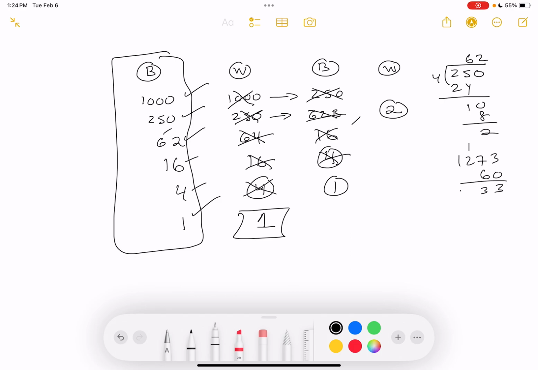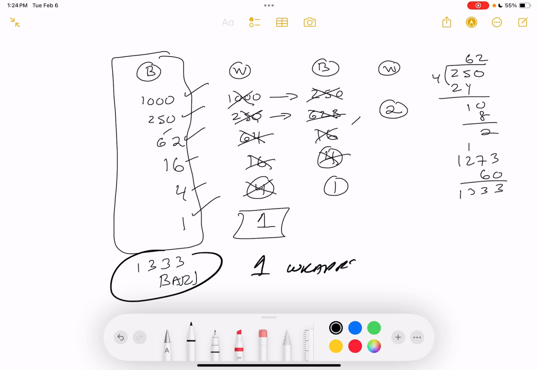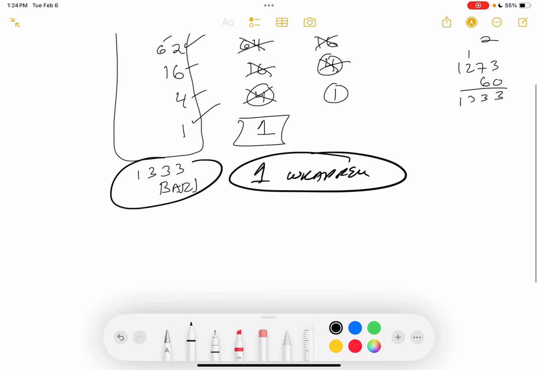It's going to be 1333. So I have 1,333 bars, and I have 1 wrapper. But again, that's how many bars I got. I get 1,333 bars.